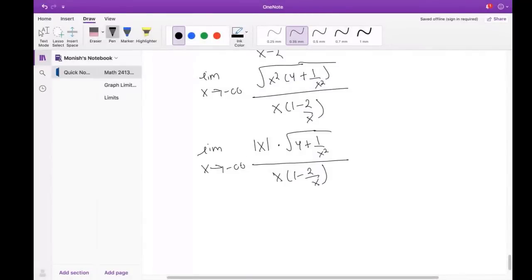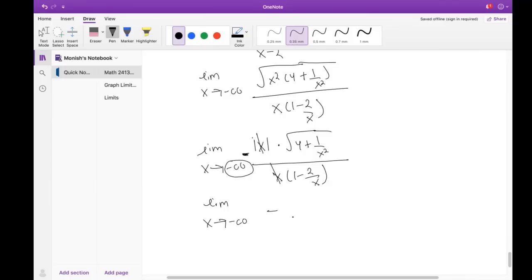And these two will cancel. You need to know that since this is approaching negative infinity, you'll have a negative value up front. If this was approaching positive infinity, then this would be a positive x over x. So these two x's cancel now.